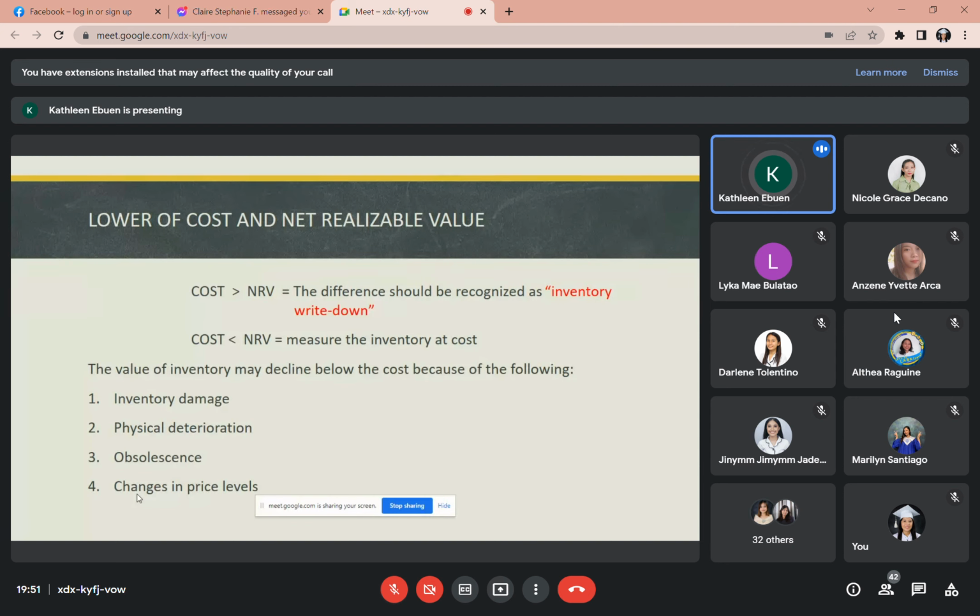Tapos pagdating ng December, panay-panay ang rollback. Umabot na lang ng 40 pesos yung presyo ng gasoline. So therefore, class, hindi natin ire-record yung inventory natin at 80 pesos per liter, but rather 40 pesos na lang. So nagkakaroon tayo ng inventory write-down.